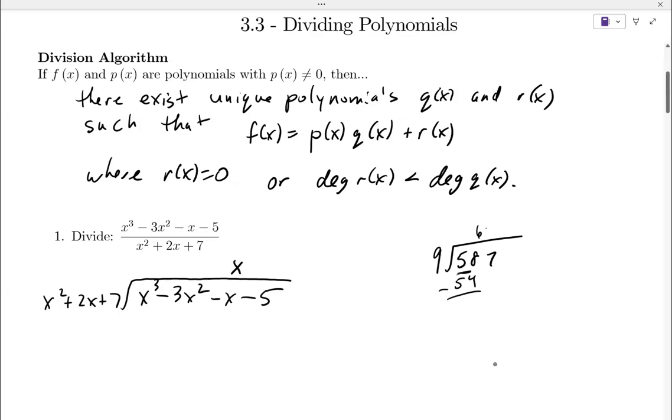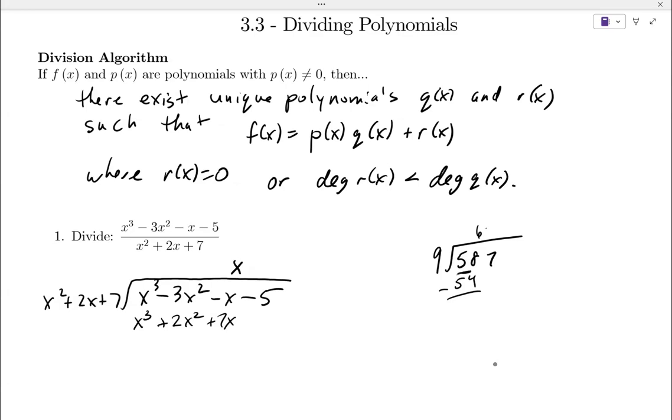We're going to do the exact same thing here. I said x squared went into x cubed x times. I want to do that multiplication next. X times x squared gives me x cubed. X times plus 2x gives me 2x squared. X times plus 7 gives me 7x. Do the exact same thing that you do with numbers.